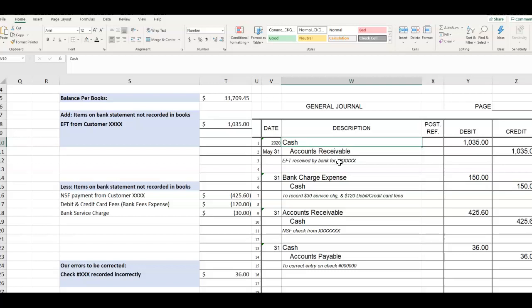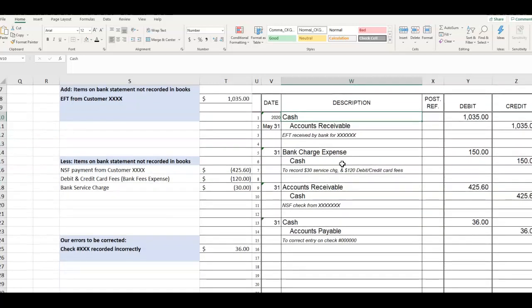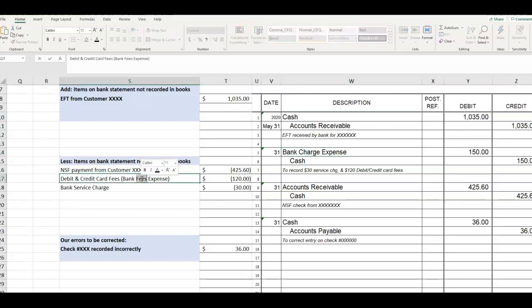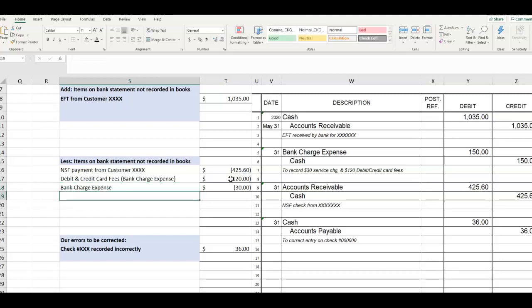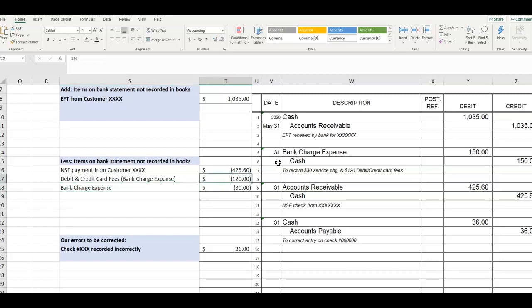EFT received by the bank for whoever that was. Bank charge expense was the name of the account, so I probably should have used bank charge expense here. Just good practice.